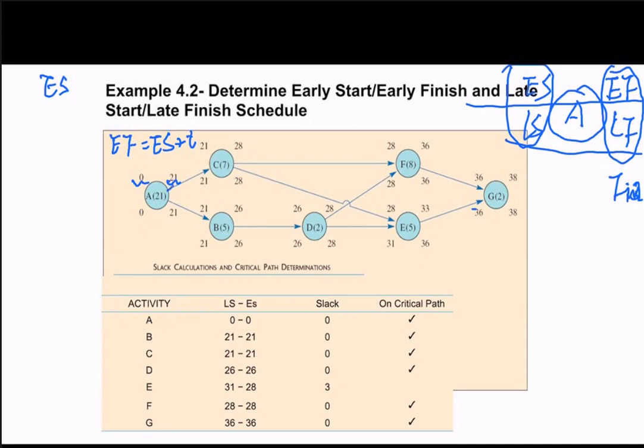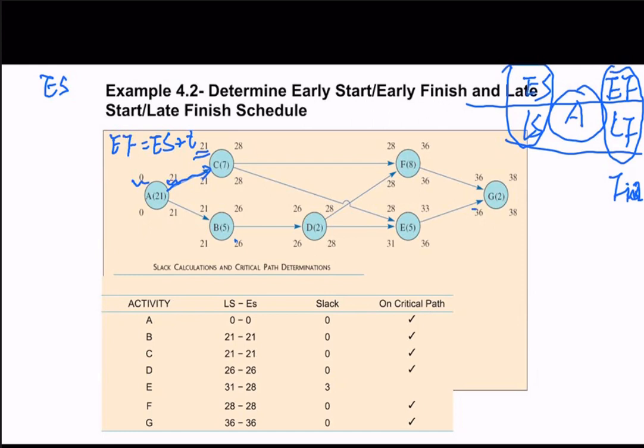And then we can move to C and B, because for C and B, the earliest start time will be the earliest finish time of a former activity. C and B only have one former activity, which is A, respectively.